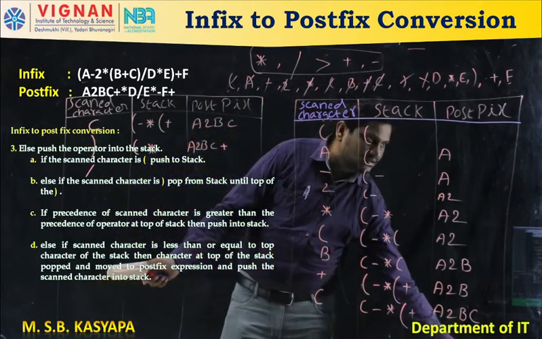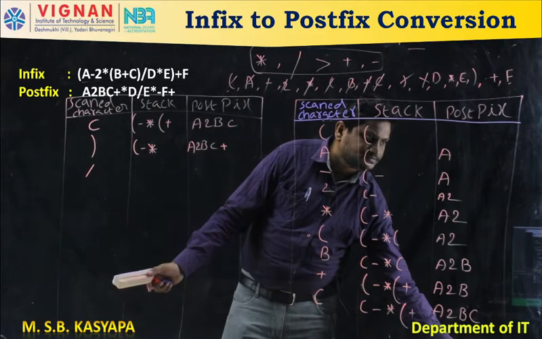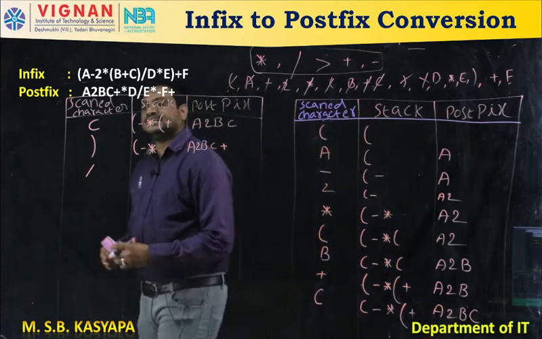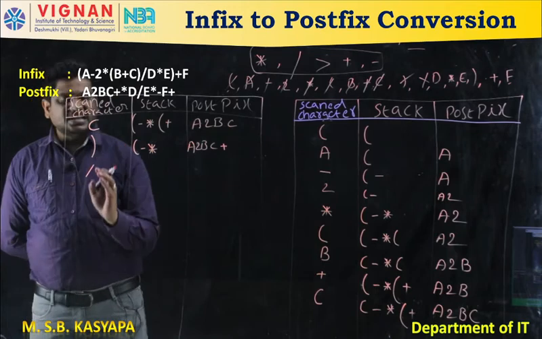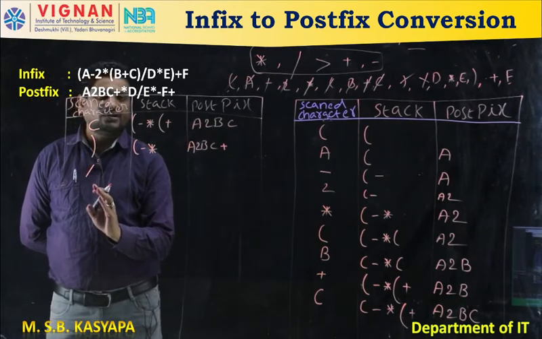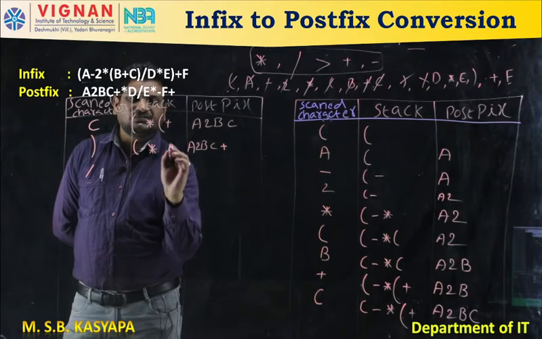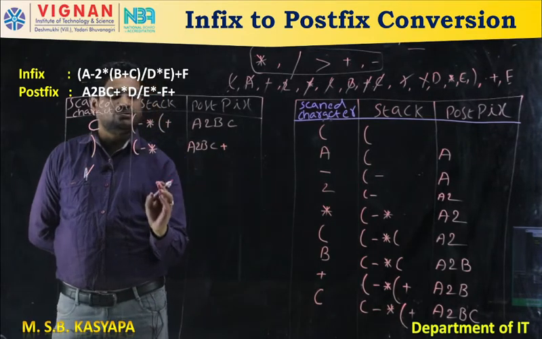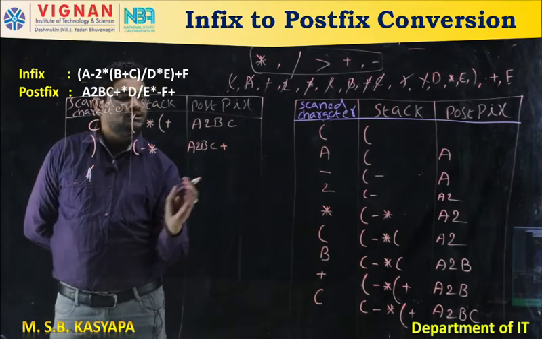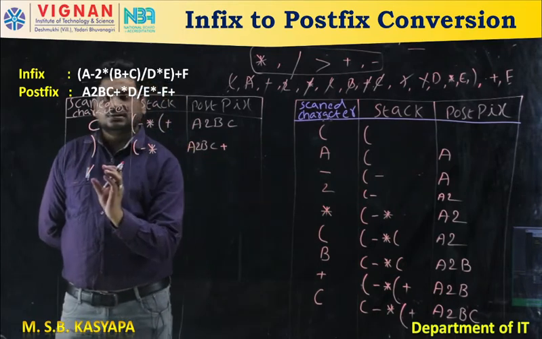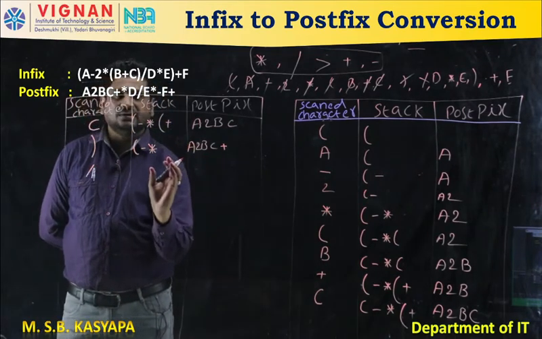See, once again remember this. If the scanned character's precedence is equal to the operator at the top of the stack, then I have to move the top operator to the postfix expression, then the scanned character into the stack, am I right?